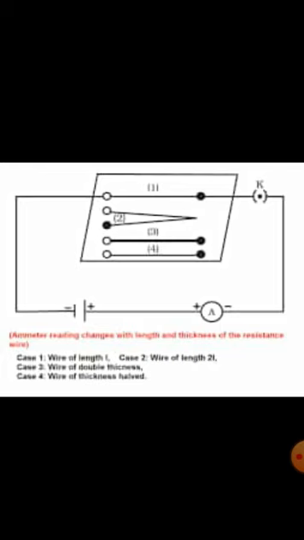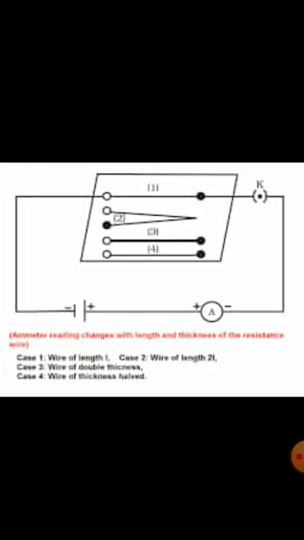Now insert the plug key and observe the ammeter reading. Now replace the nichrome wire of length L by another nichrome wire of same thickness but twice the length, which we marked as 2.